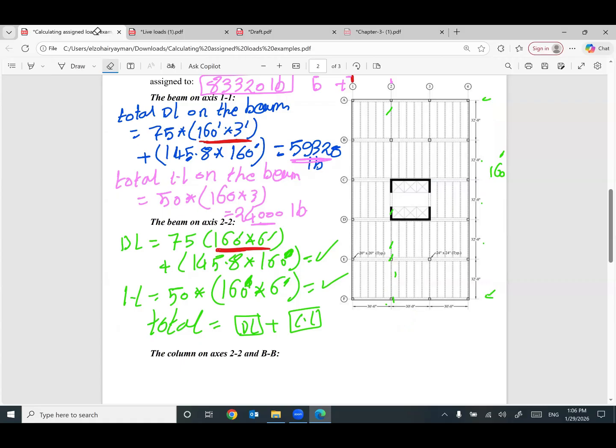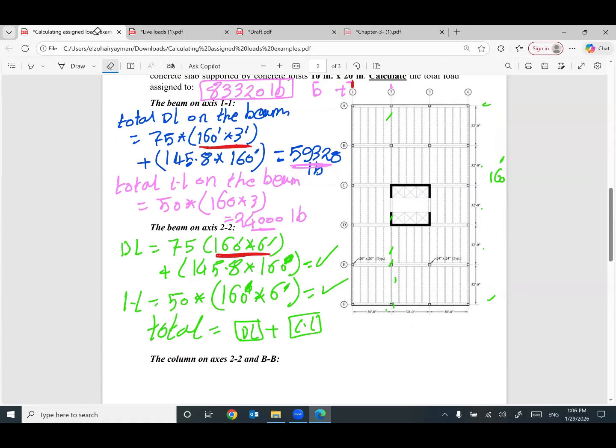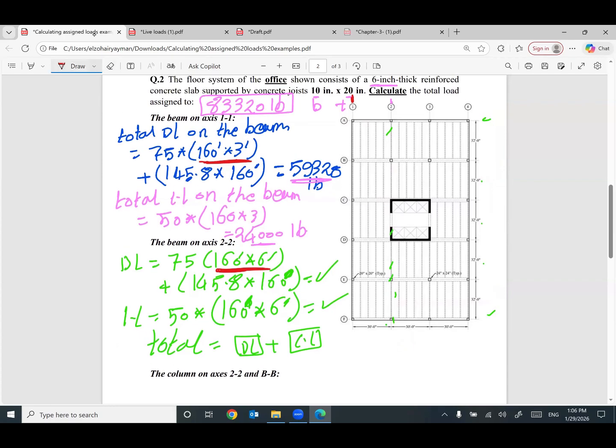So I will remove all of these assigned areas and look at the column on axis 2, 2 and B, B. This B, B and the 2, 2, I'm talking about this column. That makes sense?